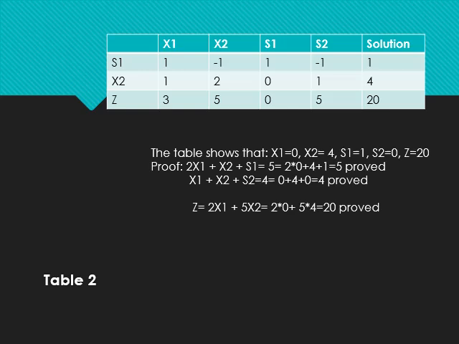Now, by looking at the left first column and the right last column, let's check the values of S1, X2 and Z. S1 equal 1, X2 equal 4, Z equal 20.